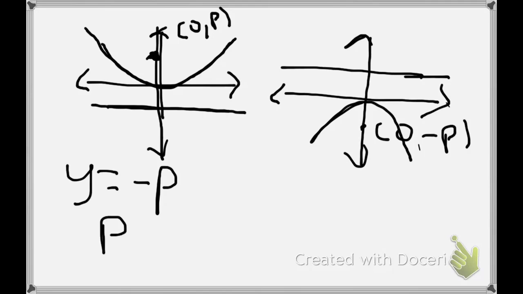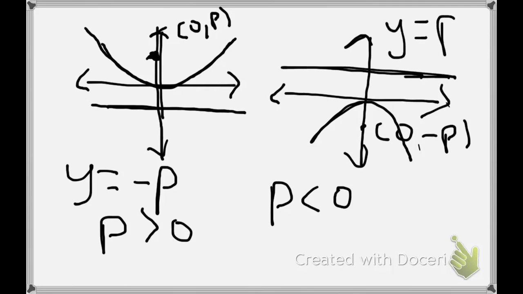And p is greater than 0 in this case. We also can have a parabola like this, where it's inverted over the horizontal axis, and p has to be less than 0 for this case, and the directrix, which is this line here, is y equals p. And this is the focus.